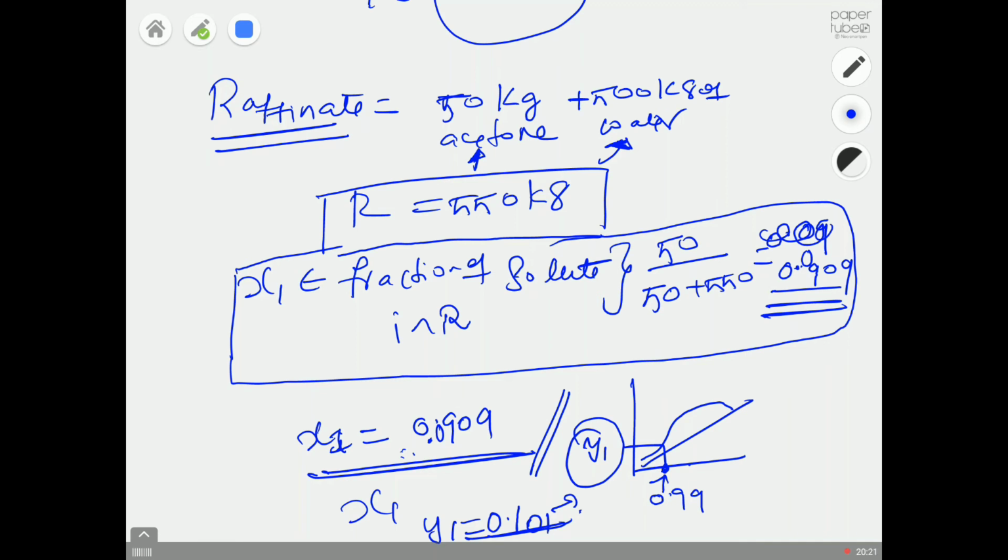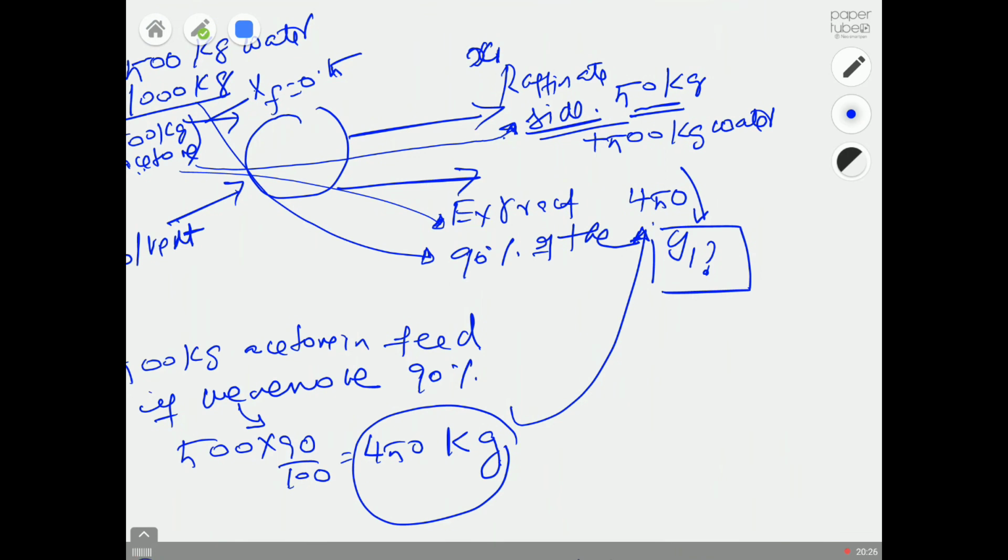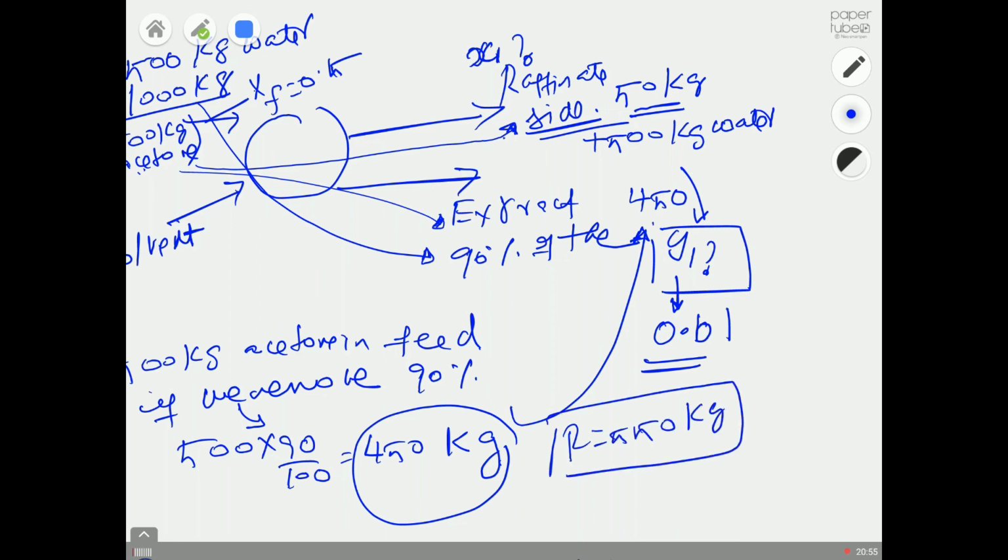So now we have x1, which is on the raffinate side, and we also calculated the y1 value, which is on the extract side, equal to 0.101, and we also calculated R equal to 550 kg. So I think everything looks fine to me so far.